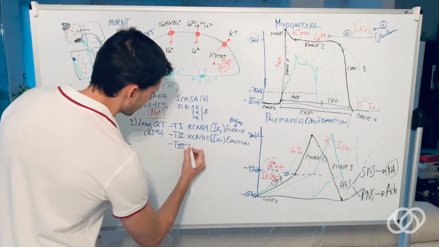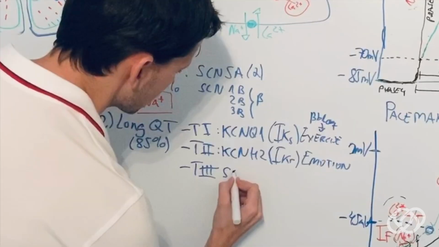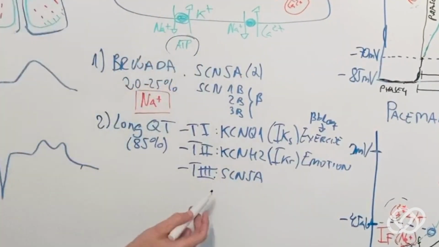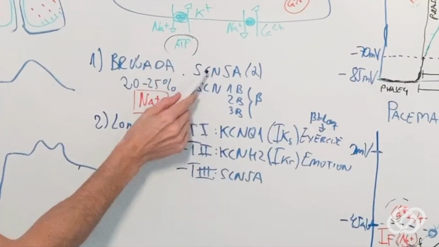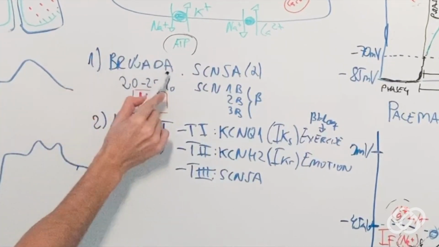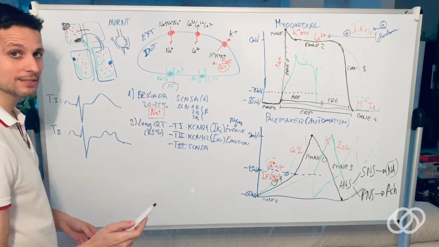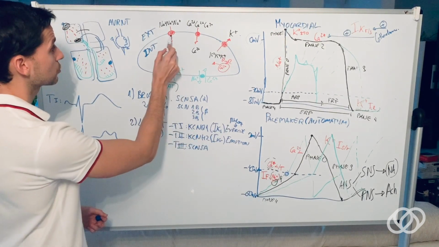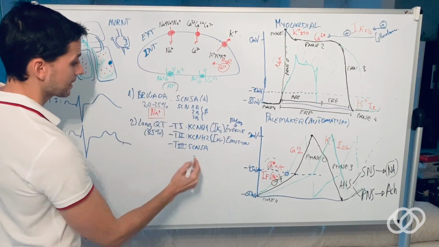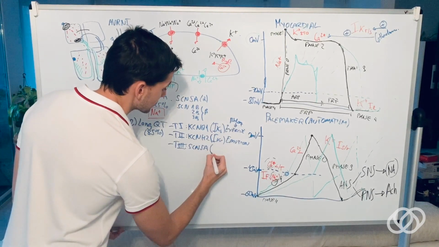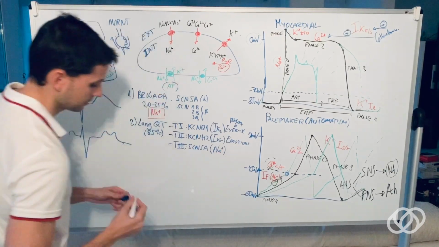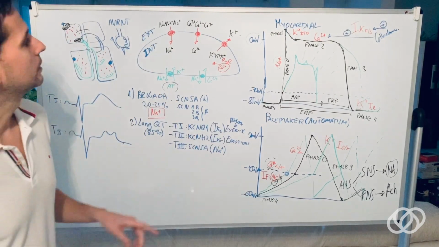Well, let's see type 3. Usually the problem is in the gene SCN5A. You will remember this because it's the same gene as in Brugada syndrome, but here the problem is the opposite. Here we don't have an impaired sodium channel. Here we have an enhanced sodium channel.